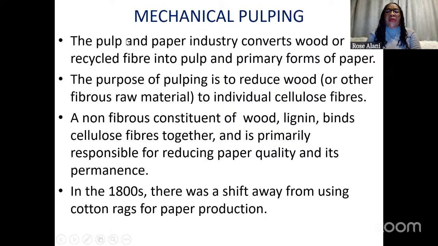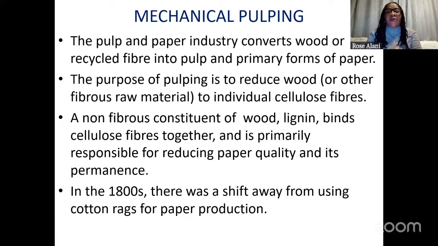The pulp and paper industry converts wood or recycled fibers into pulp and the primary form of paper. So you can use wood, you can use recycled fiber, even cotton clothes can be used to convert to pulp and then to paper.